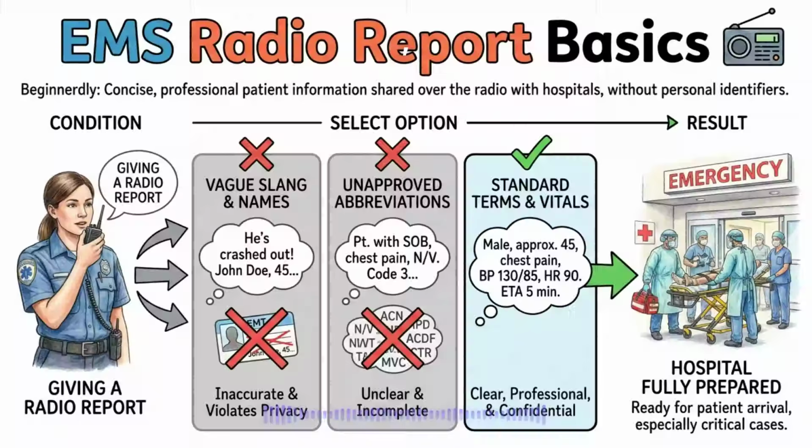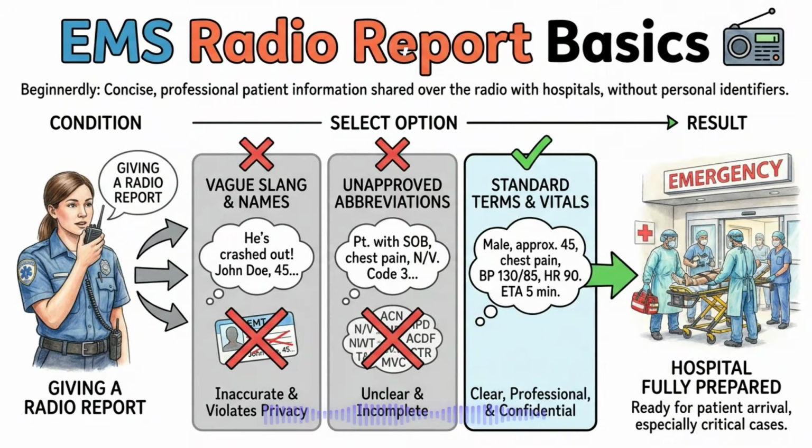Effective communication is the lifeline of EMS operations, linking you with dispatch, medical direction, and receiving hospitals. When giving a radio report, you must be concise, accurate, and professional, painting a clear picture of the patient status without revealing their name or violating confidentiality.